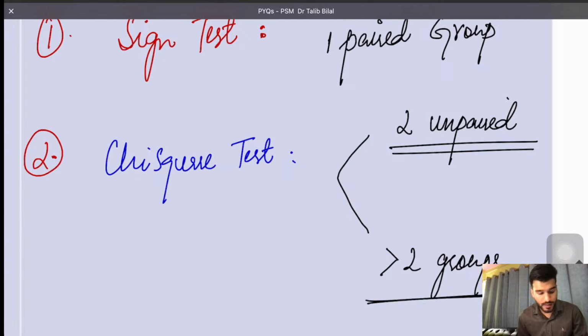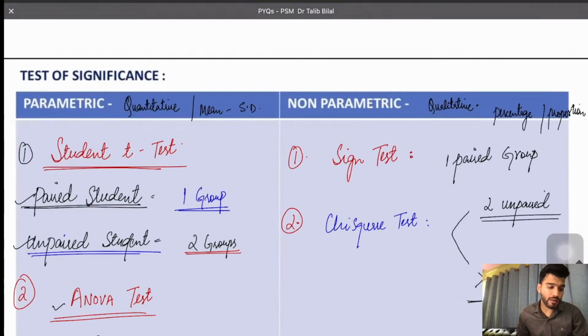For such questions, guys, always remember to differentiate first whether the data is qualitative or quantitative. Followed by that, check the groups. If there is one same group before and after an intervention, it's paired student t-test. If it's different groups, unpaired student t-test. If it's more than two groups, ANOVA test. For non-parametric, you answer the same way.